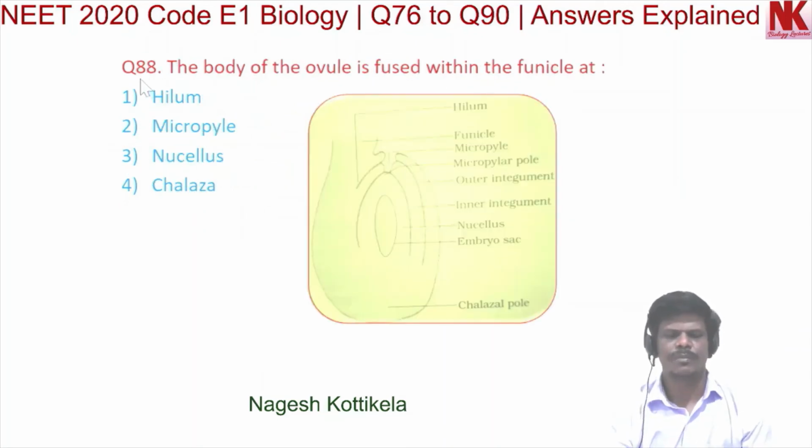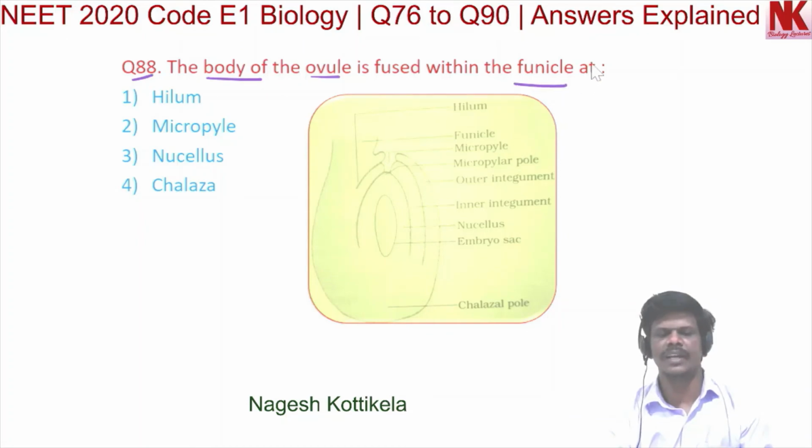Now question number 88. The body of the ovule is fused with the funicle at option 1 hilum, option 2 micropyle, option 3 nucellus, and option 4 chalaza.